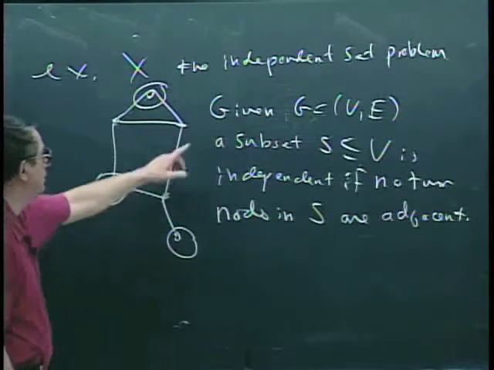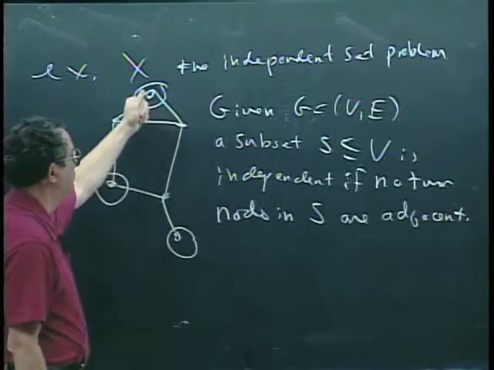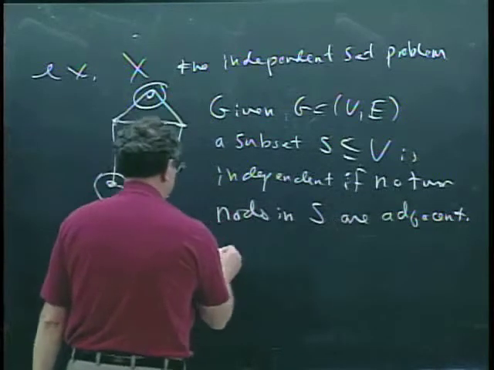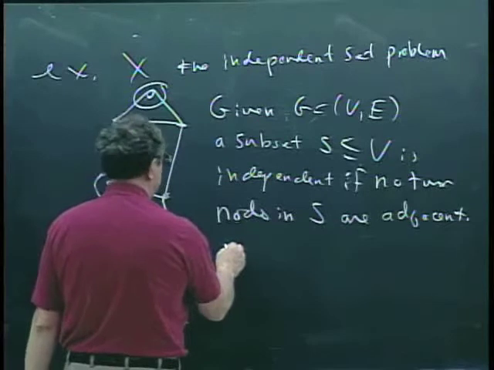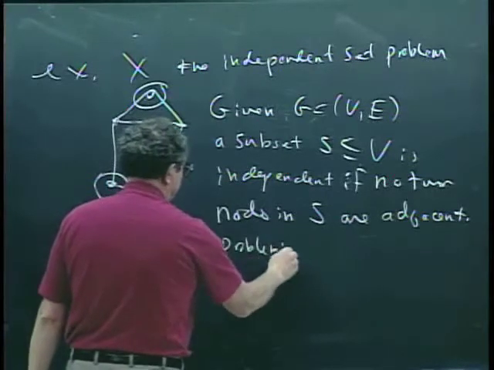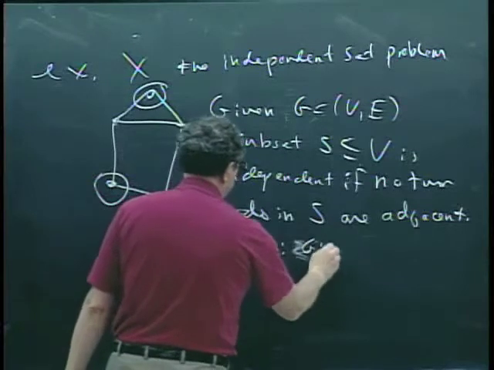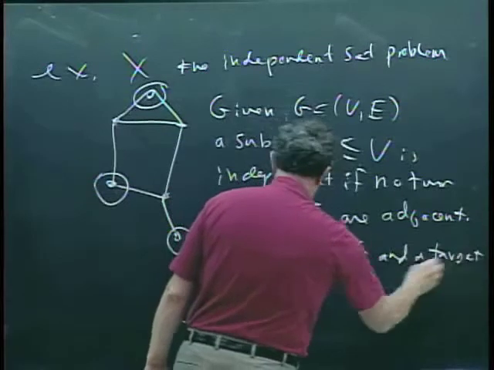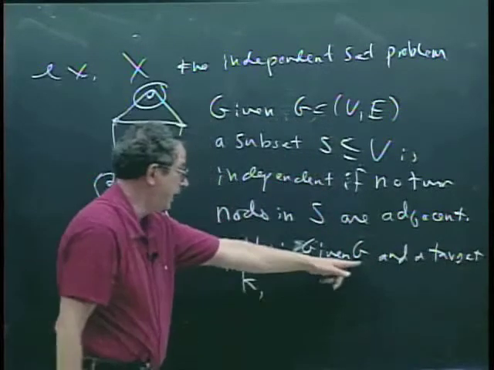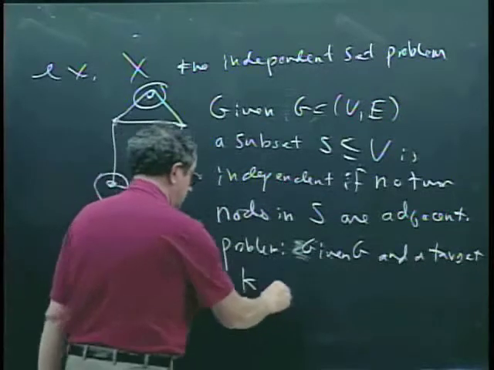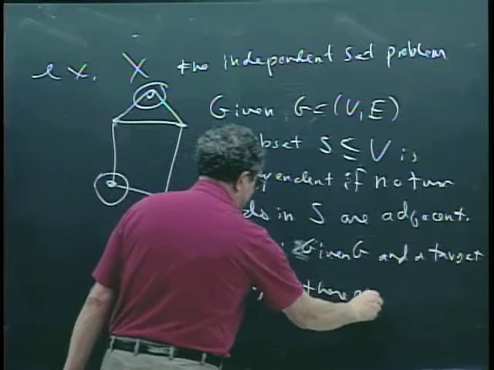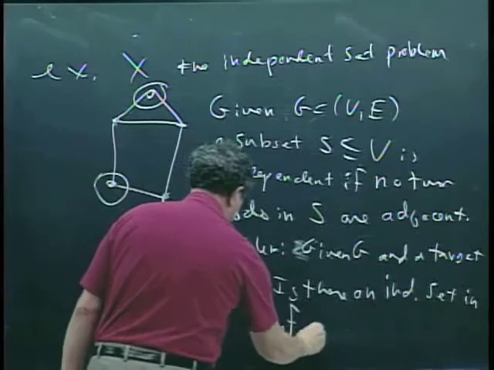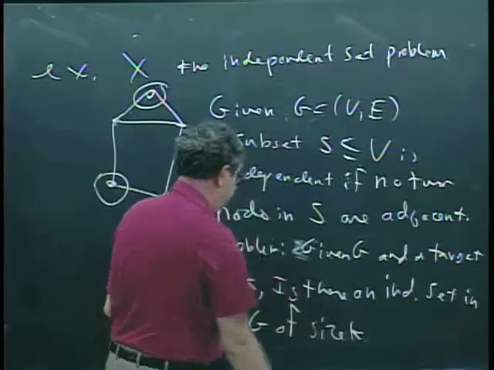So the version of independent set that's used is: given G and a target K, both of those come in as input, the graph and a particular target, is there an independent set of size K?